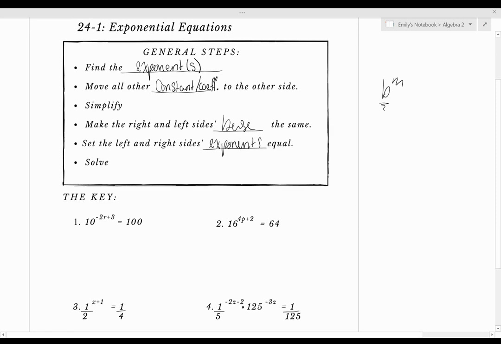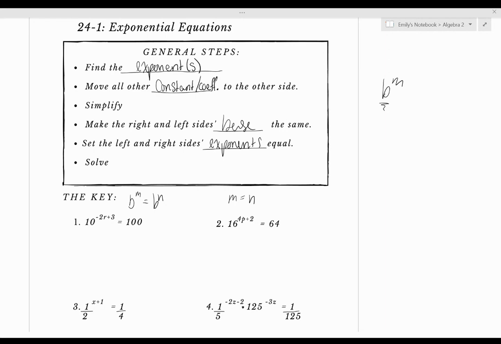Now, you might be wondering how in the heck this works every single time and we don't ever run into problems. And the reason that this works runs off of the idea that if I have b to the m power equal to b to the n power, m and n have to be equal. In math, we have a phrase that's called if and only if, and that's what's actually between these two. And it means there's no other way.